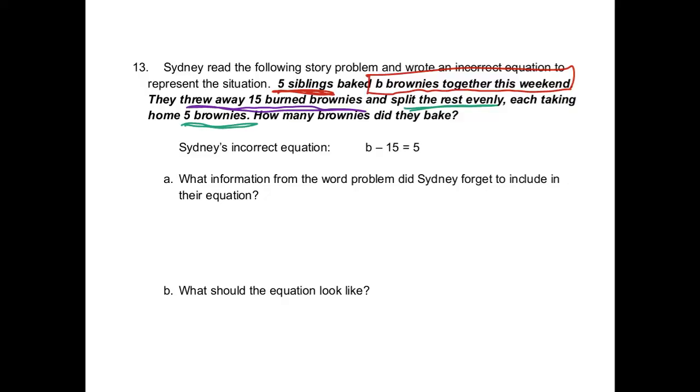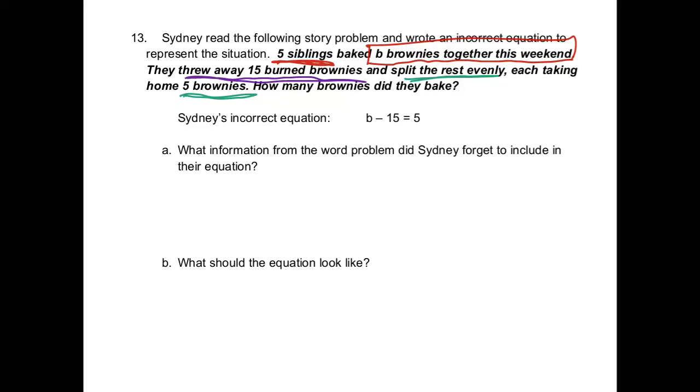So that is incorrect. What information from the word problem did Sydney forget to include in their equation? Division. What do we have to divide? B number of brownies. They made B number of brownies. They threw away 15.